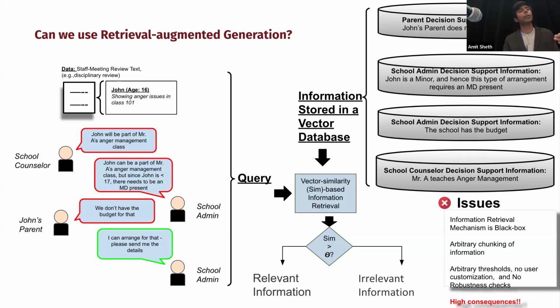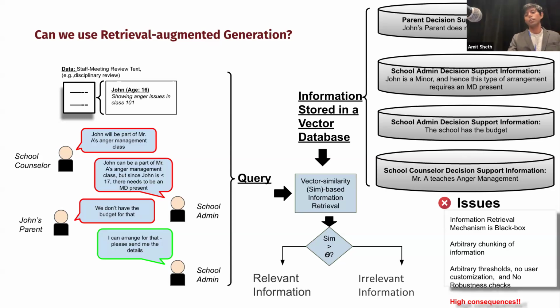So you break up your database into smaller units, and now if your query is pertinent to any one of those units, you go and retrieve those units based on vector similarity. But if your information is linked across individual units, or if they are linked across different types of information across those units, RAG very quickly breaks down, right?